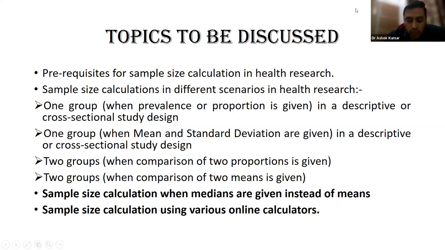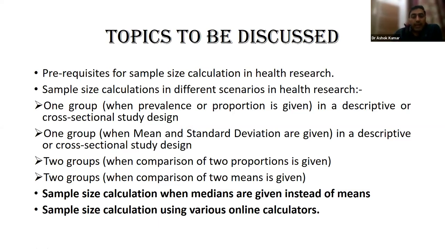And what are quantitative variables? These are numerical variables, for example systolic BP, diastolic BP, creatinine, HB, score, health related quality of life. If our outcome is health related quality of life, we can calculate mean and standard deviation. These are quantitative variables.